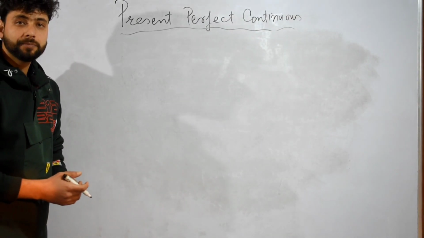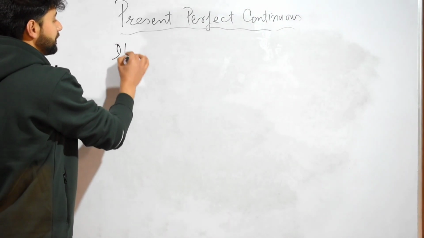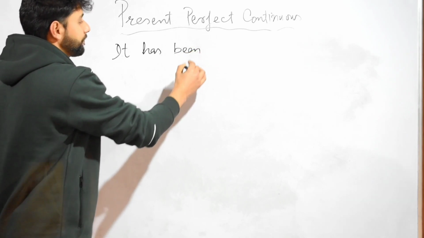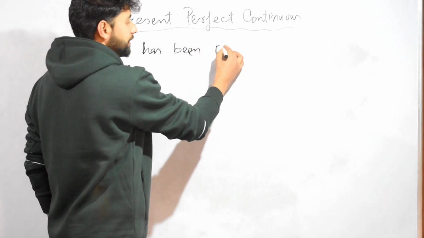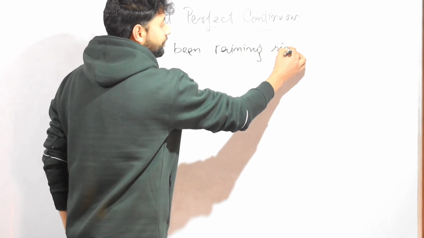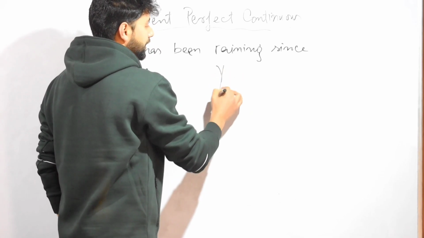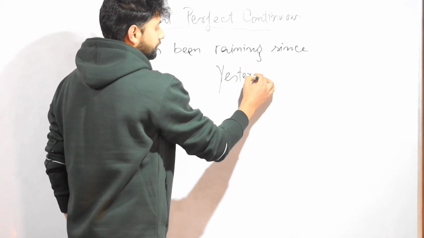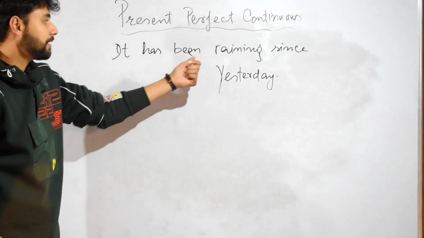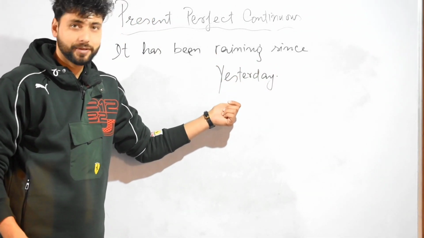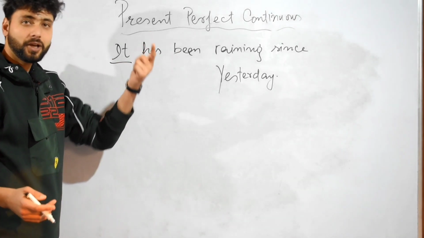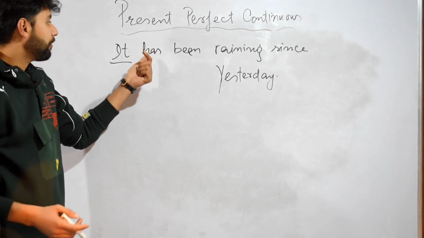One more example. It has been raining since yesterday. It has been raining since yesterday. It is the subject, has been, you know it, in the format. Why has?